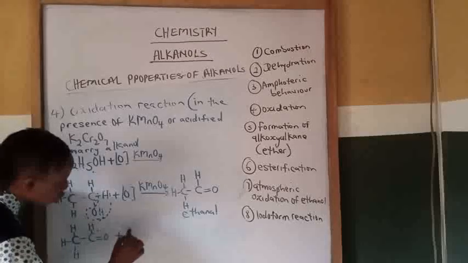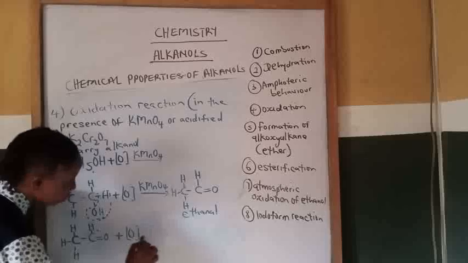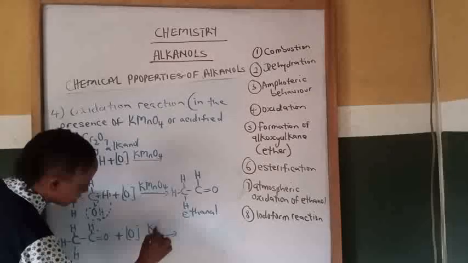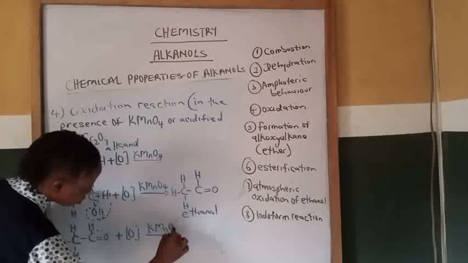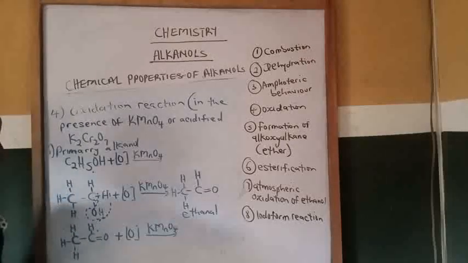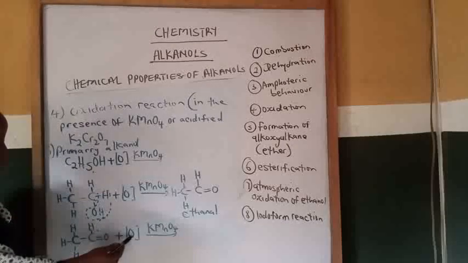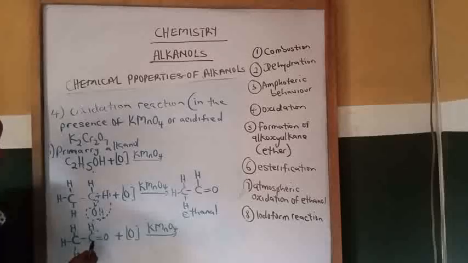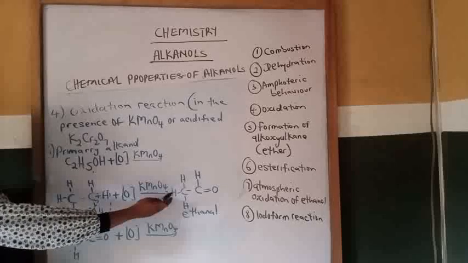So stage 2, you add oxygen again from your oxidizing agent. This time around, you are not going to eliminate water molecule. Just add oxygen from your oxidizing agent to the product formed from the first reaction.